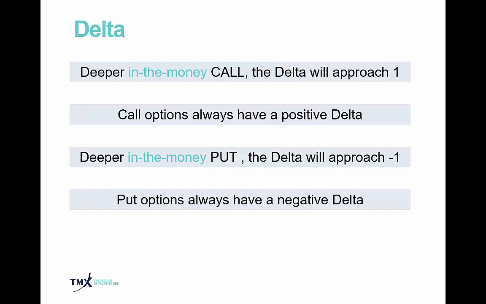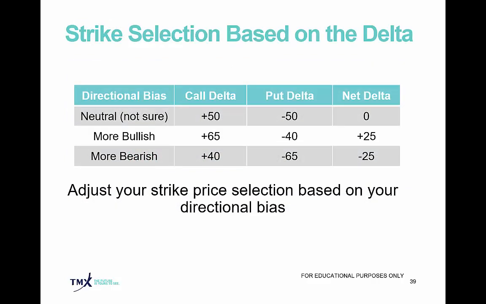So how do we put that into play as far as our decision-making process goes when we're selecting strike prices for our straddles and strangles? Well, let's look at strike price selection based on the delta. So if we have a directional bias where we're neutral or we're not sure, what we're looking to likely do is select a call strike and a put strike which have similar deltas.